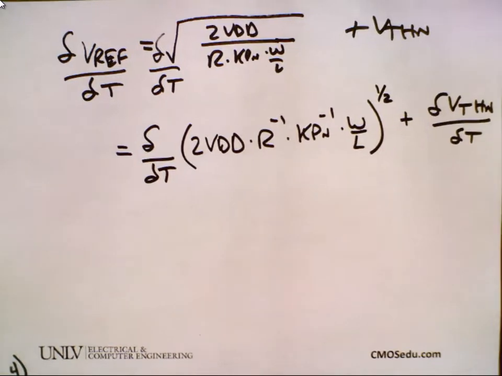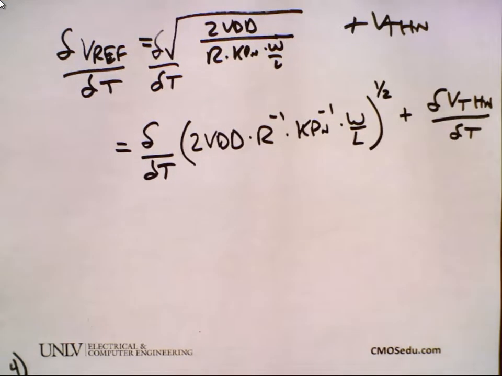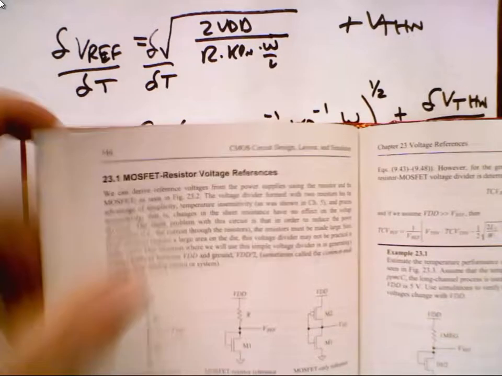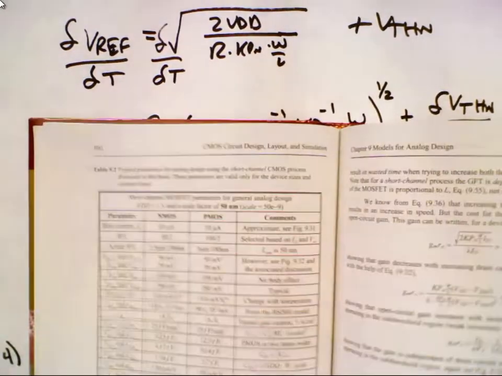I know what this is. I can go back in chapter 9 and know, oh, that's change in threshold is about minus 1 millivolt per degree C. I didn't show you that, and we were just there. It was like 295.